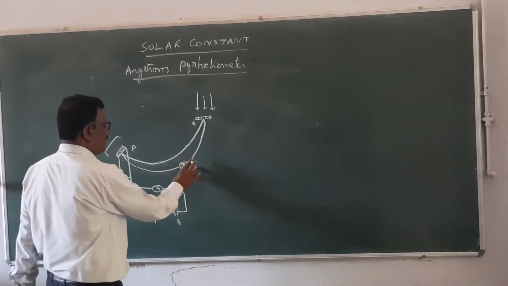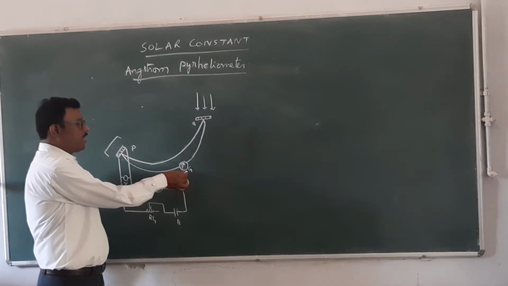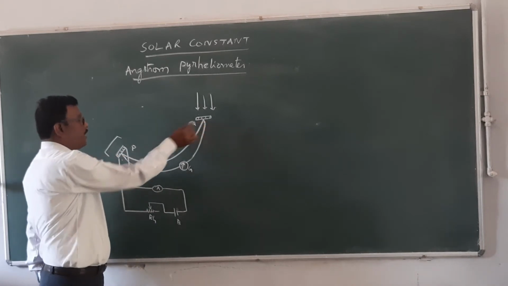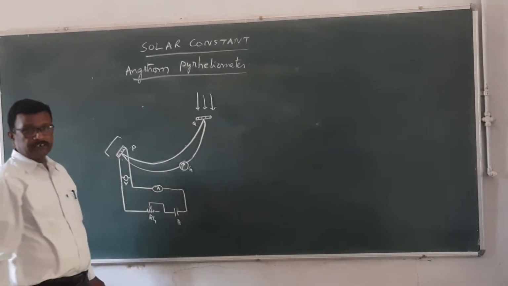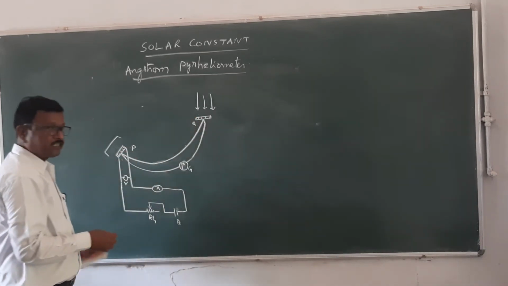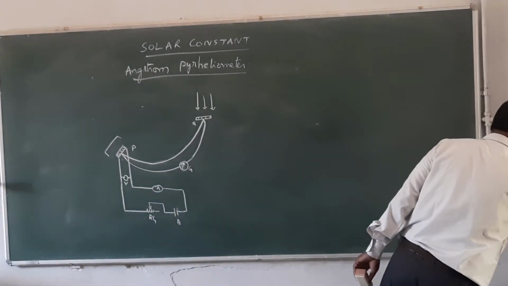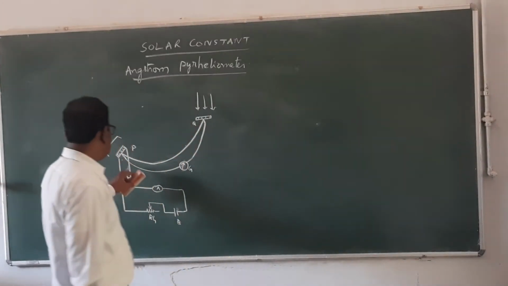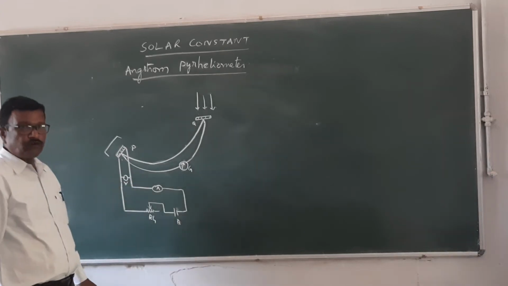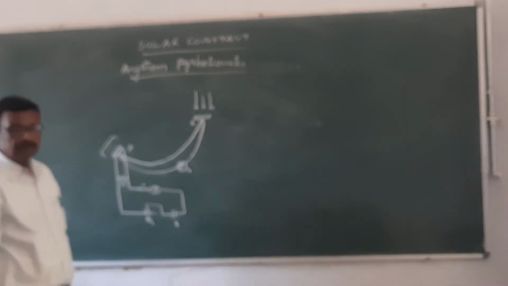Then the junctions are at equal temperatures and the foil Q receives the same amount of solar radiation as P. Therefore, at that instant, the potential difference V across the foil P is noted, and the current I passing through the circuit is also measured.